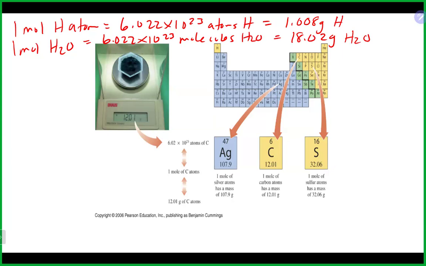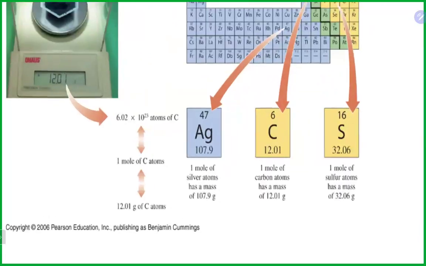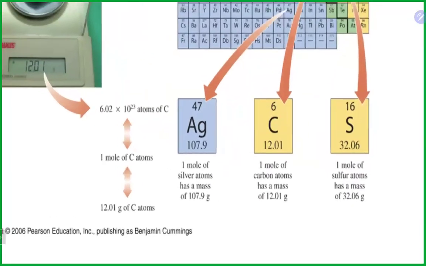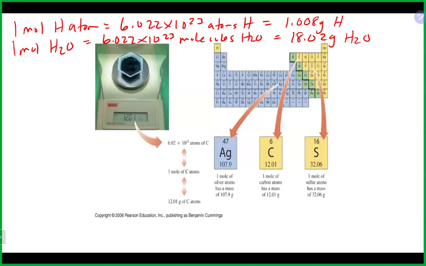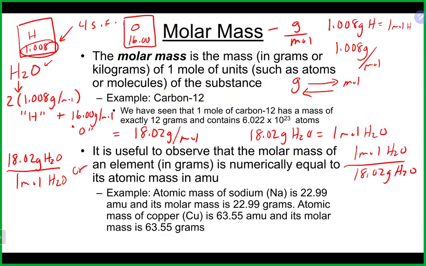Or if you're starting with grams and need to end up at atoms or molecules, you need to use the molar mass and then Avogadro's number to get there. And that's what you can see here. Again, 1 mole of silver has a mass of 107.9. Any questions on that?